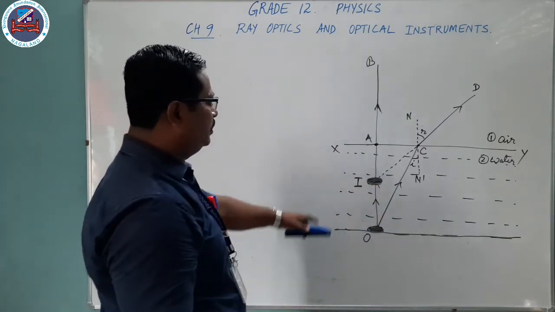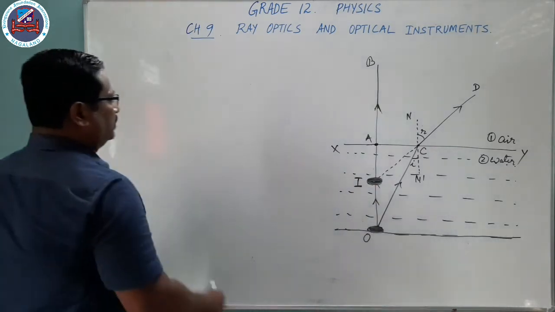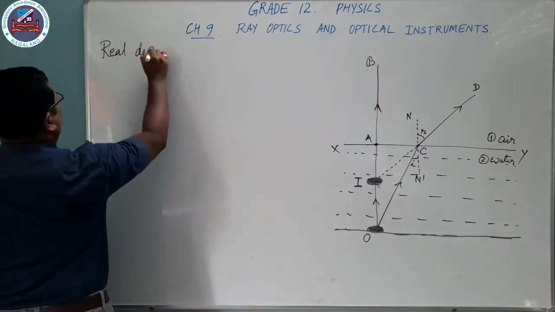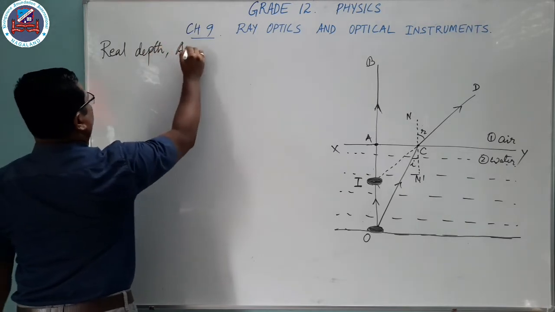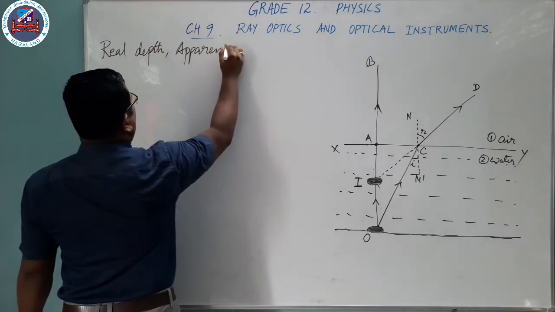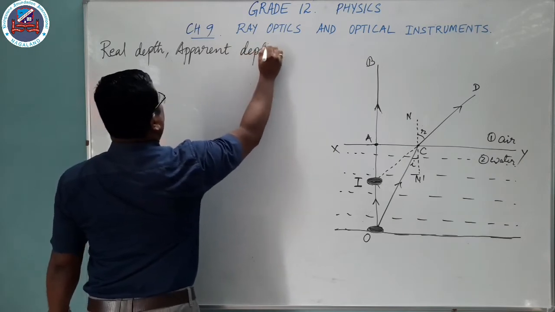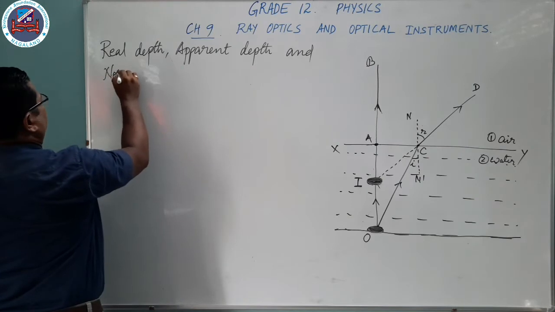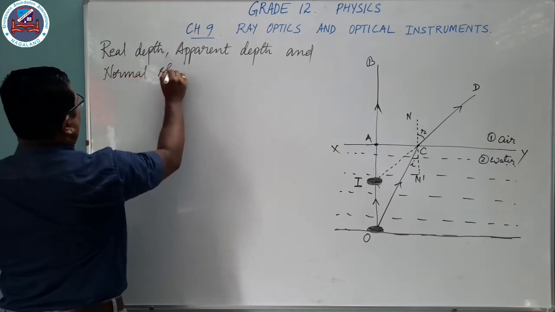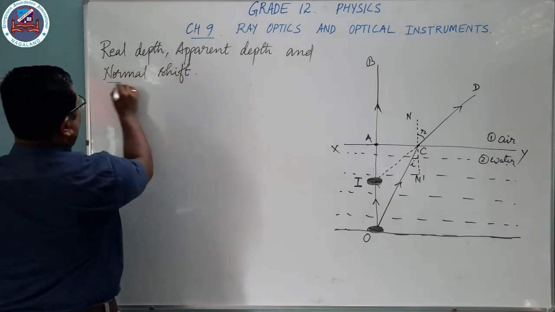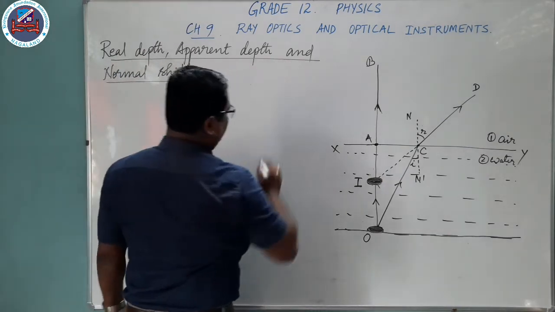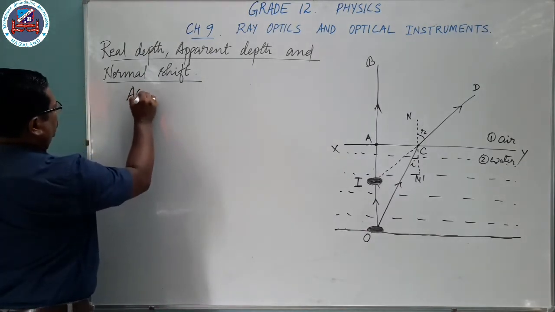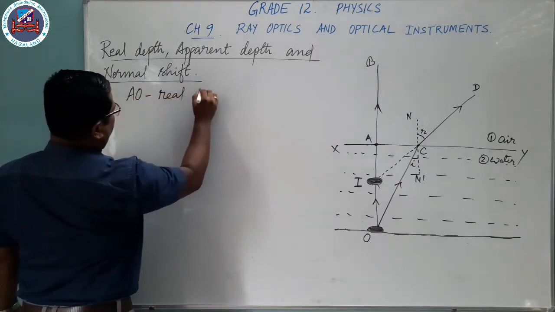So here if you look at the diagram, we are discussing about real depth, apparent depth and normal shift. Here AO is called the real depth. AO is your real depth.